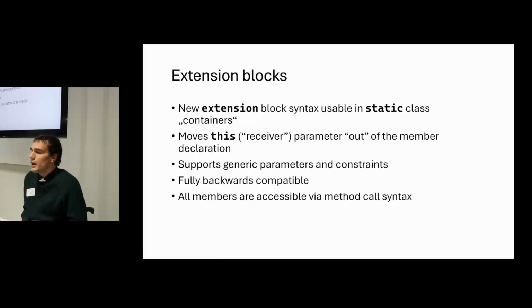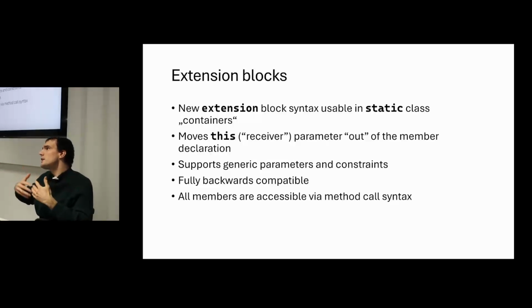So the new extension block syntax is usable in the static class. So like the classic extension methods, the extension methods and extension members can only be defined in static class containers.